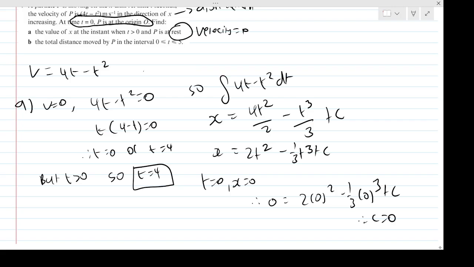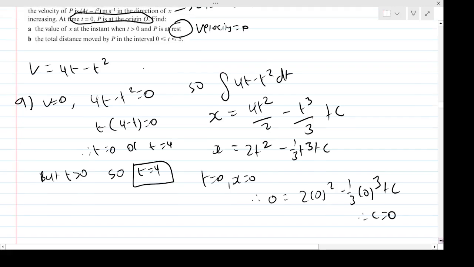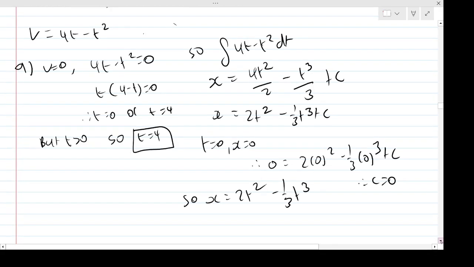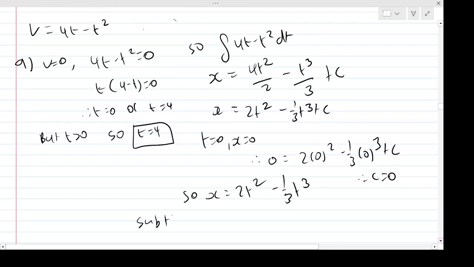So my complete expression for x is going to be 2t squared minus a third t cubed. And so there we are. And so to find the value of x then when it's at rest, in other words, when t is 4, I sub that in then. So sub t is 4 into x.